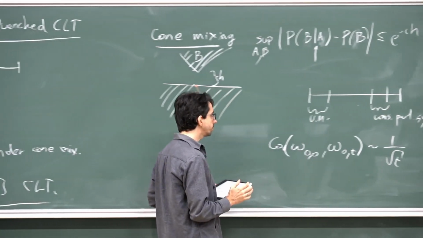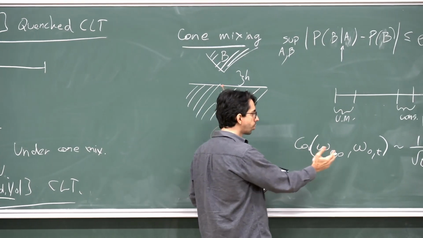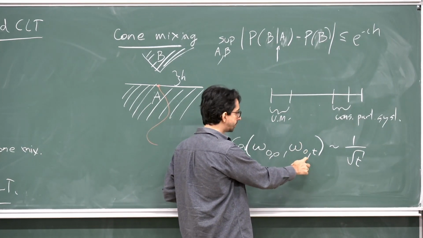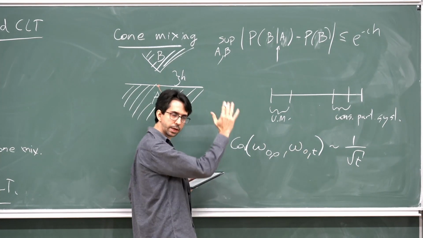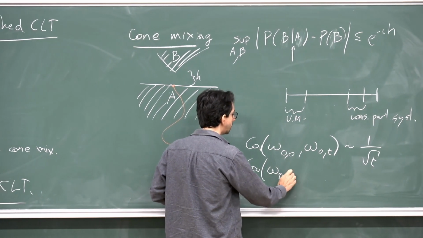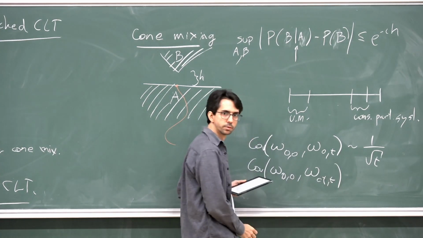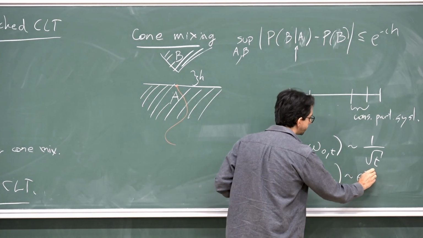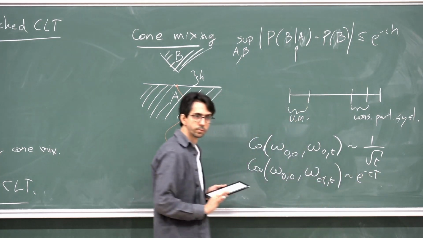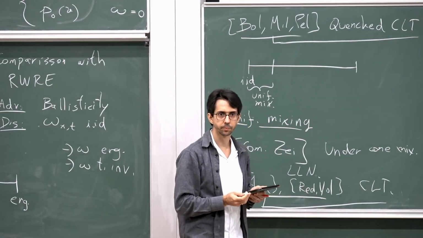Although, for most systems that have been studied, as soon as you go a bit away from this vertical dependence, say you're looking at omega 0, 0 against omega ct t, then it's already exponentially decaying. So the dependence is really aligned with the y-axis.